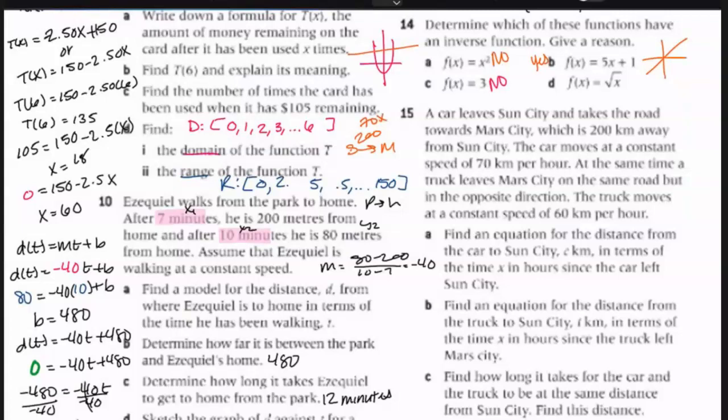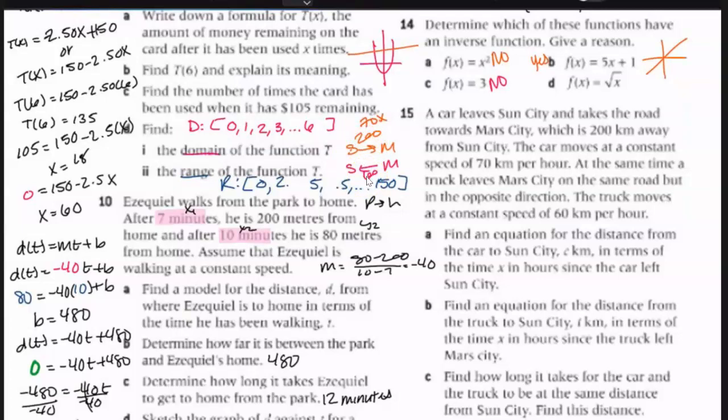At the same time, a truck leaves Mars City on the same road, but in the opposite direction, so going from Mars City to Sun City. The truck moves at a constant speed of 60 kilometers per hour. So it still has a distance of 200, but it's moving at a different speed.